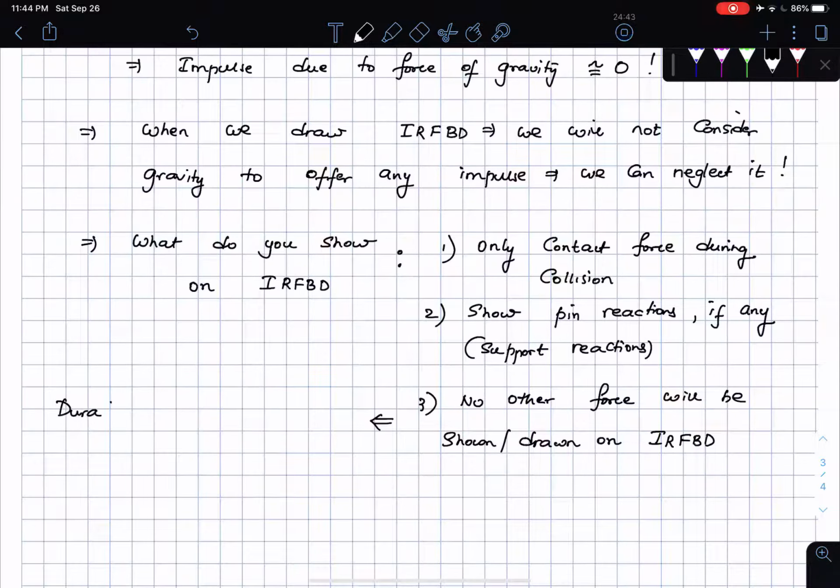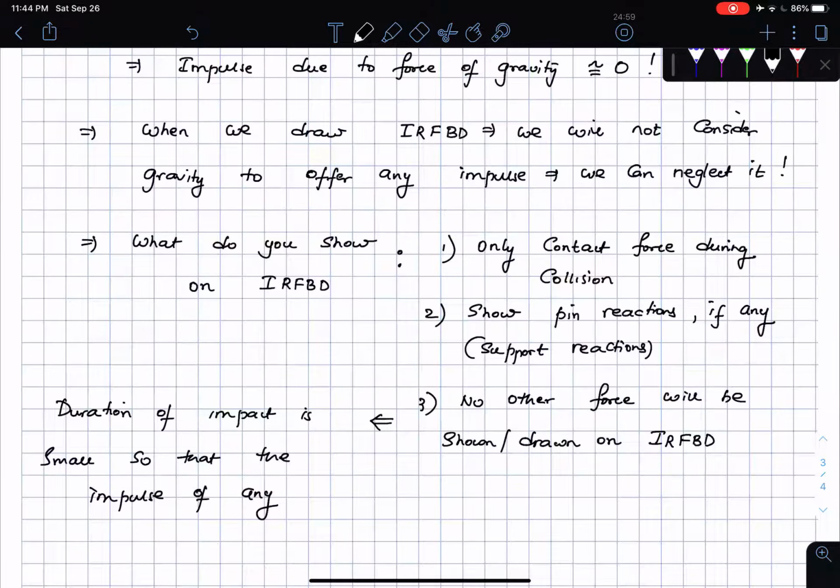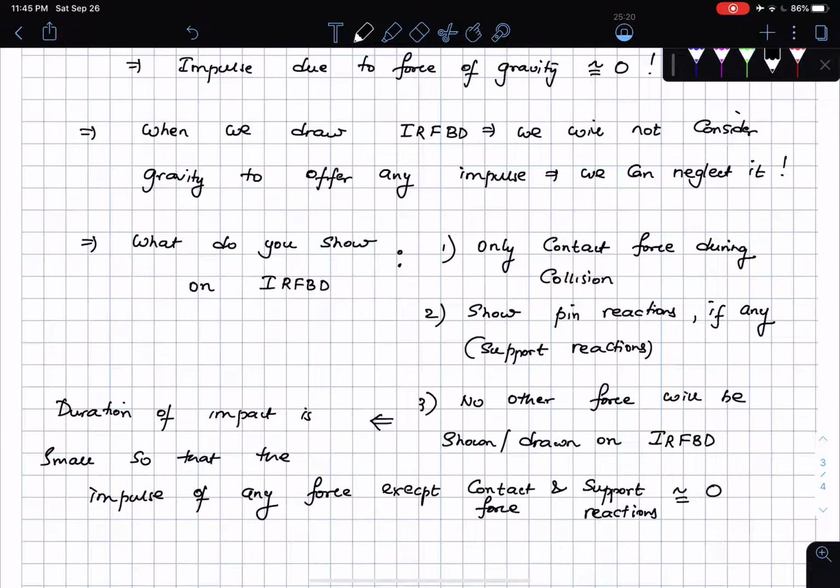the duration of impact is small, so that the impulse of any force except the contact force and support reactions, let me write that properly, is approximately 0.